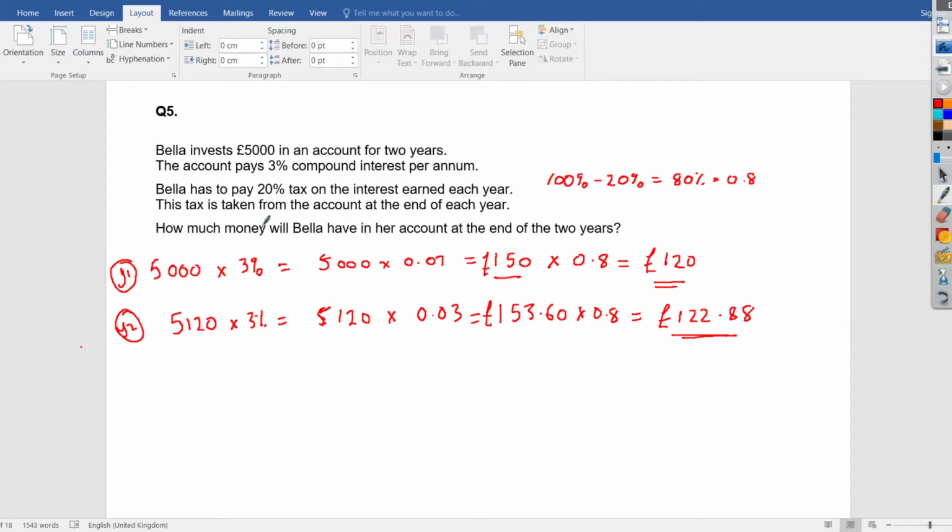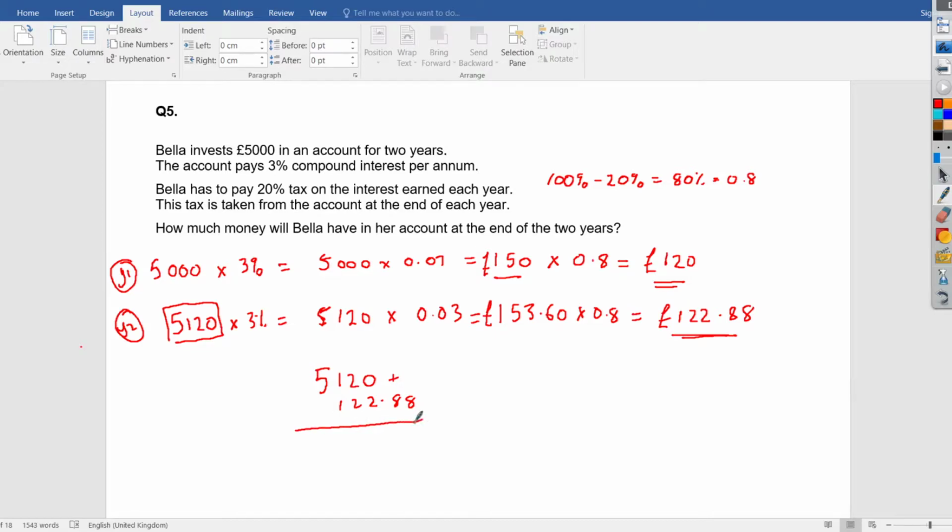So when it asks how much money Bella will have in the account at the end of 2 years, she started off with this amount at the beginning of year 2, and she has this additional interest she earned. So the total amount in the account is 5,120 plus the interest she earned, £122.88.